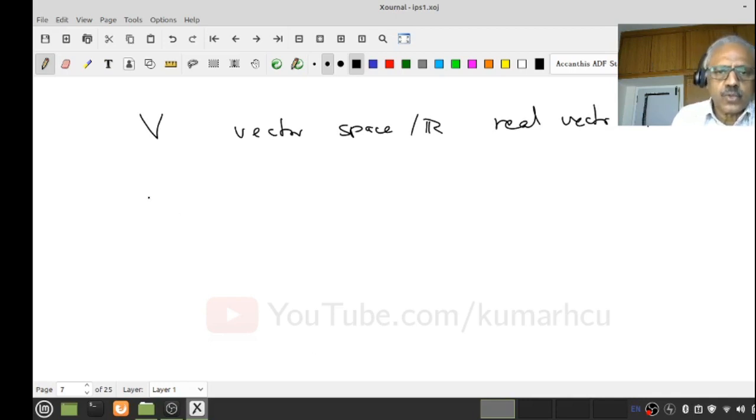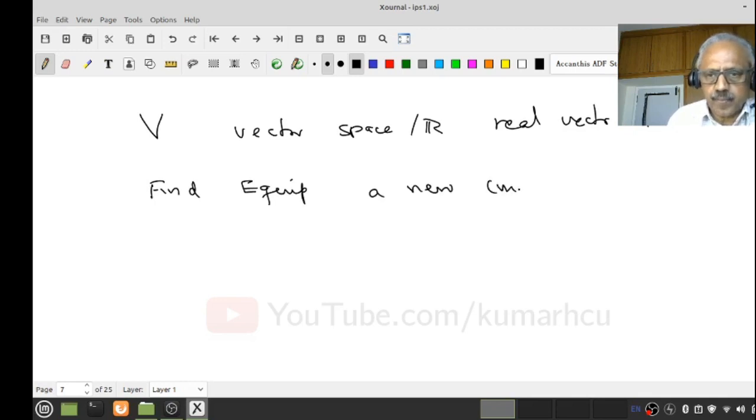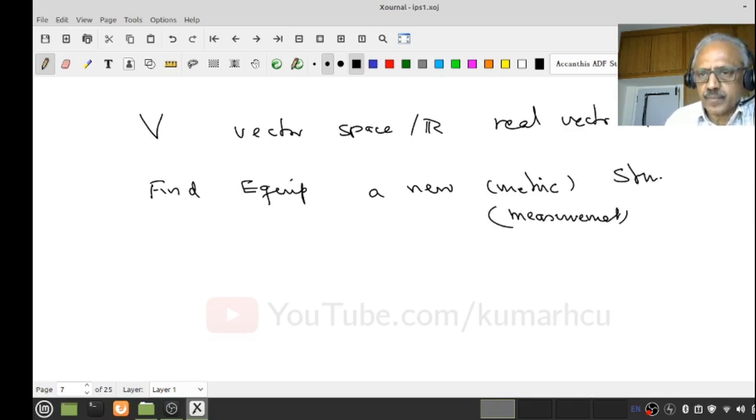What we want to talk about is to equip it with a new structure, a metric. Metric simply means you can measure.